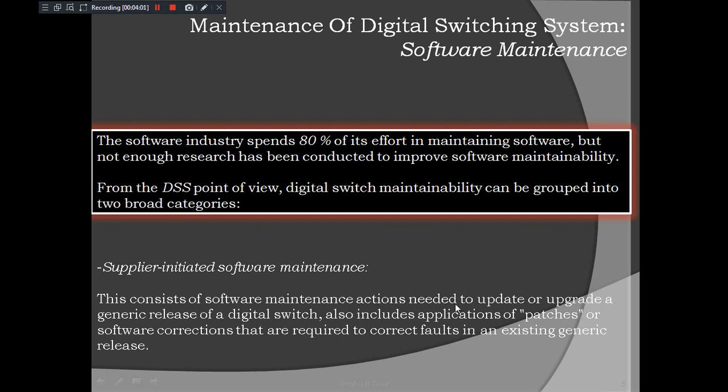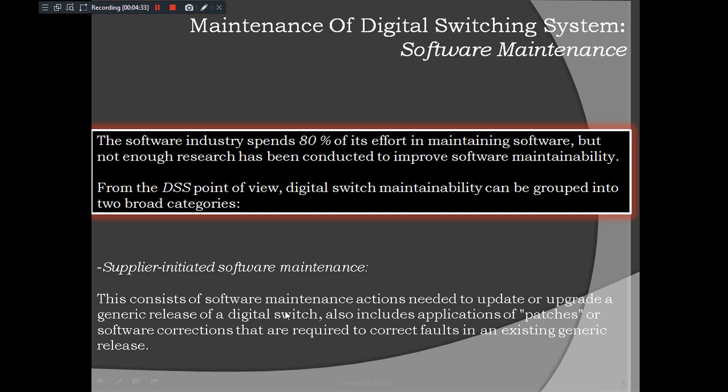which are required to update or upgrade a generic release of a digital switch. For example, suppose you purchase a digital switch of version 2.3 from a particular supplier on a particular date. That switch comes with some warranty period, along with software version 2.3.